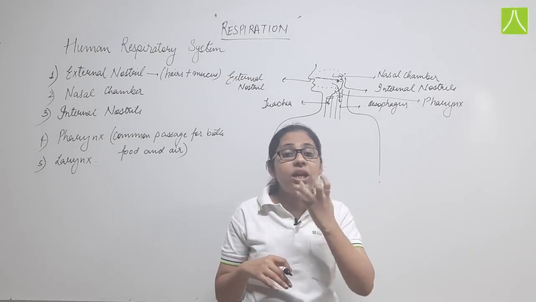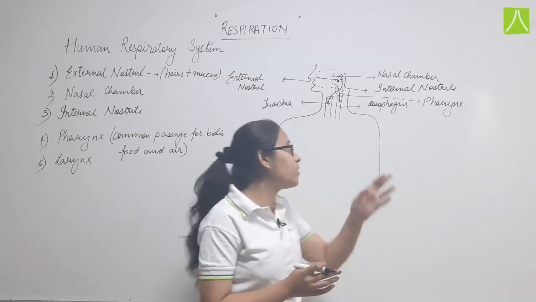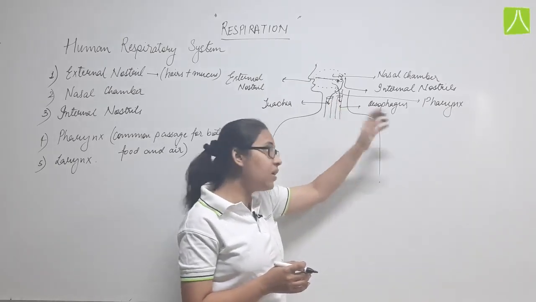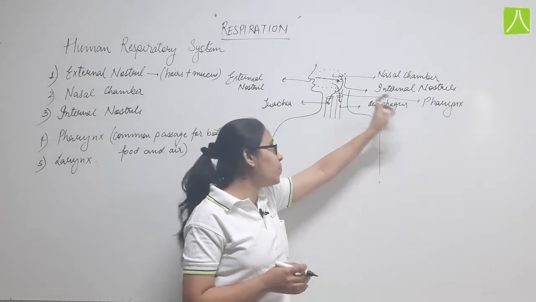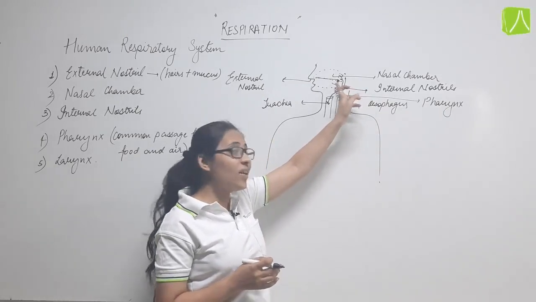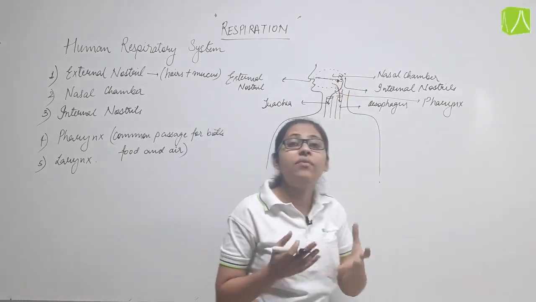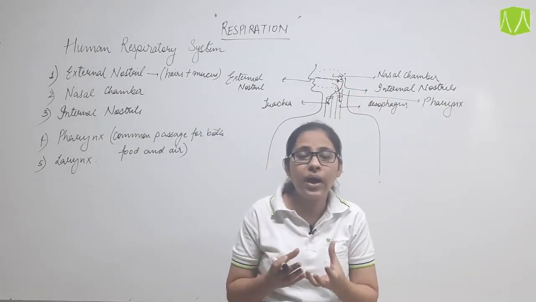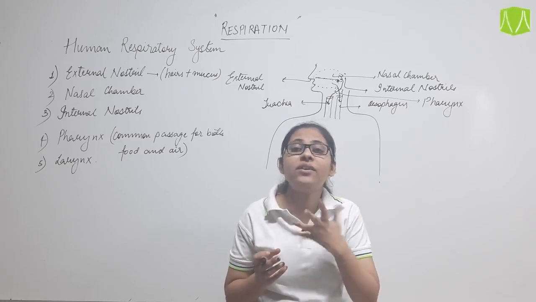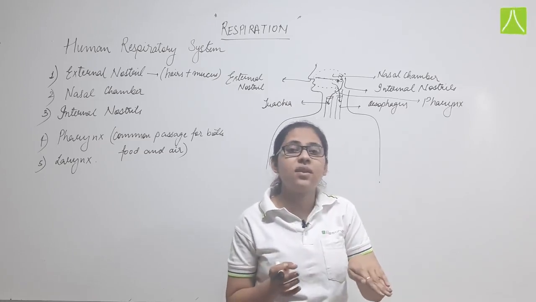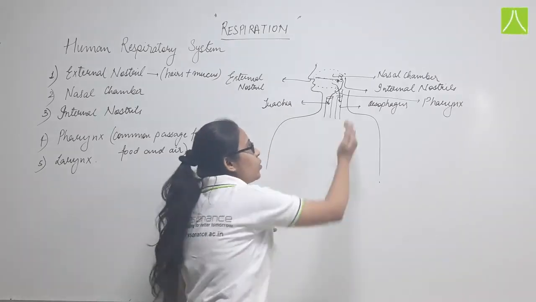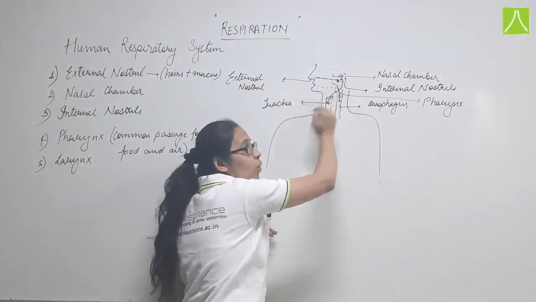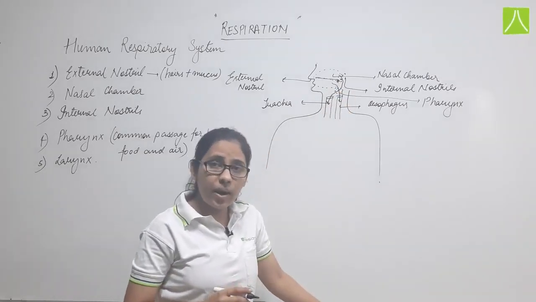And whenever we engulf food, since pharynx is the common opening, the uvula, this flap-like structure, closes the windpipe so that the food won't go into the windpipe.